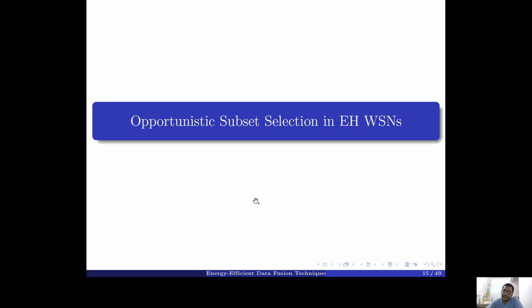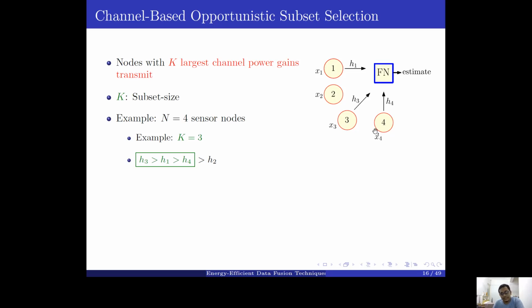Now, censoring basically aims to make the nodes with larger channel power gains transmit. In principle, that can also be achieved with a different scheme called opportunistic subset selection. In censoring, whether a node will transmit or not depended on the censoring threshold.